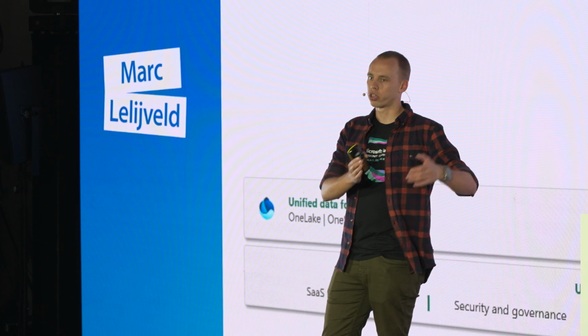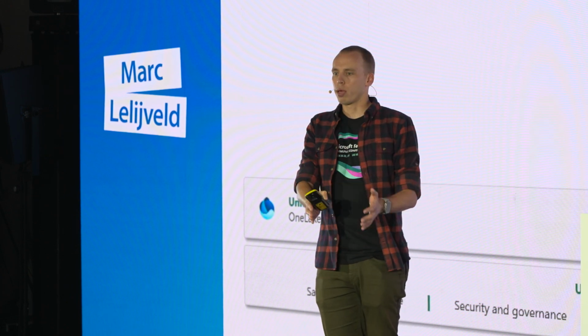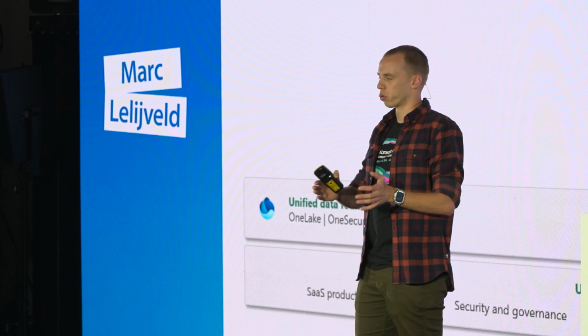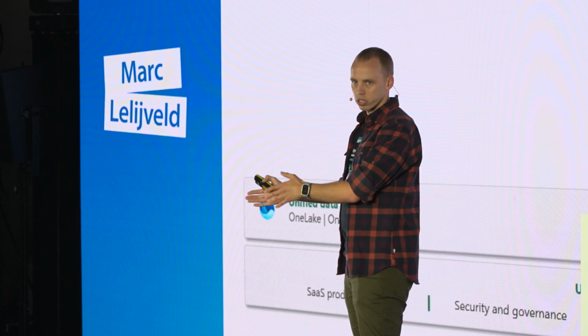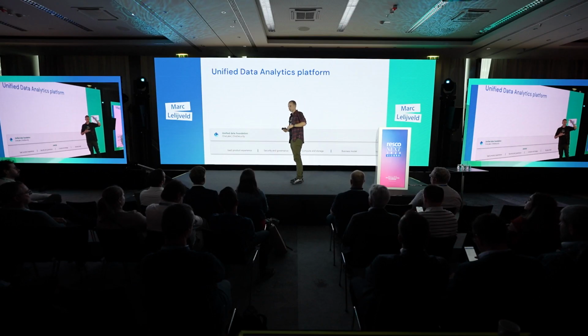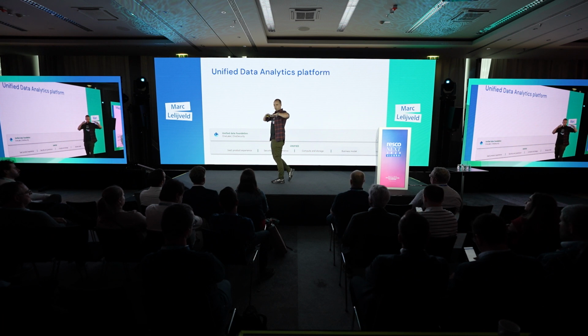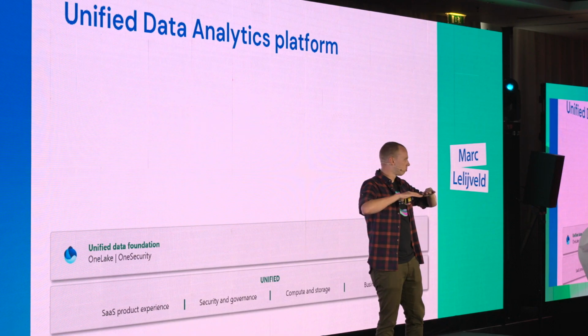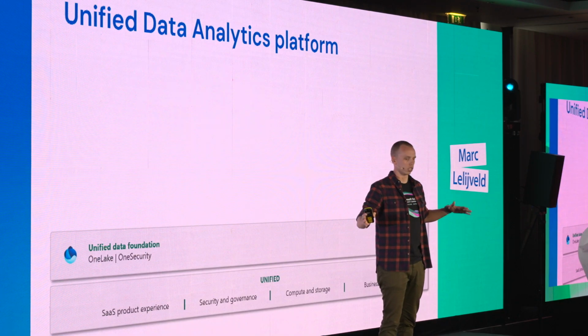In the past years, you secured the data in Power BI, but it came from a SQL database where it was also secured, or it came from Dataverse where it was also secured. So we had different levels of security. And now we just say, no, we put the security on data level, and it's always secured wherever you use it. One Security, don't be confused, is already renamed, even before we got it. It's now called Unified Security.